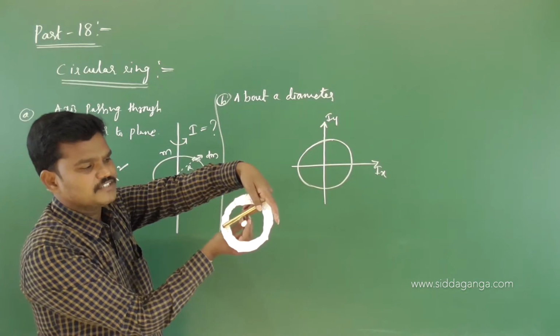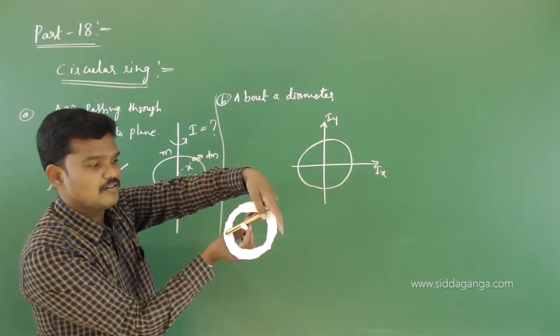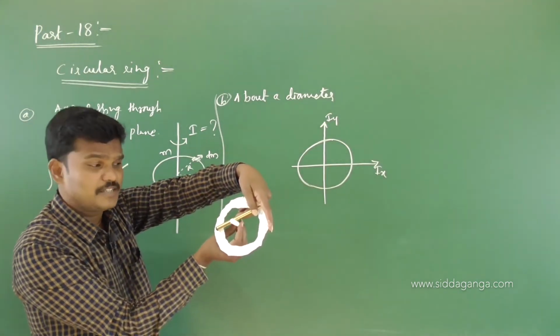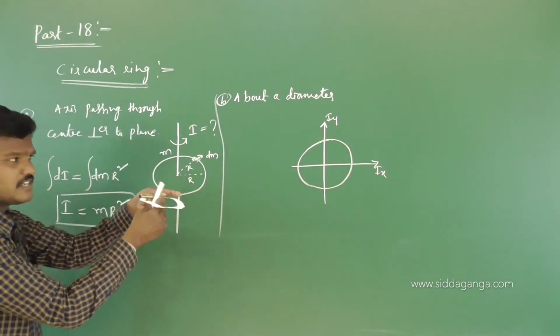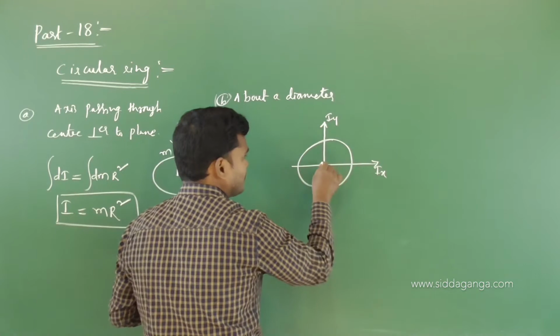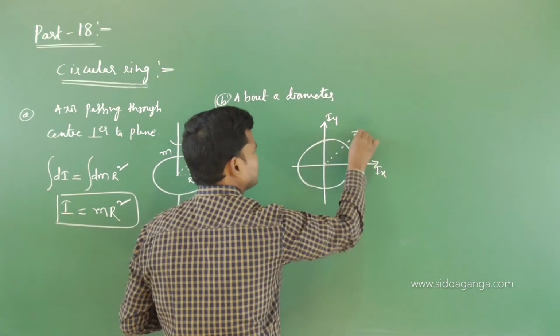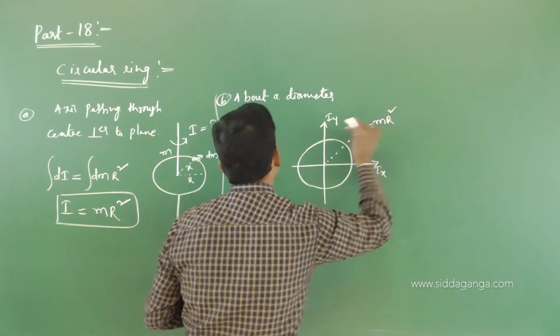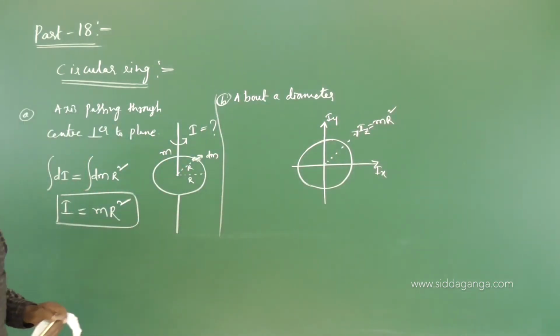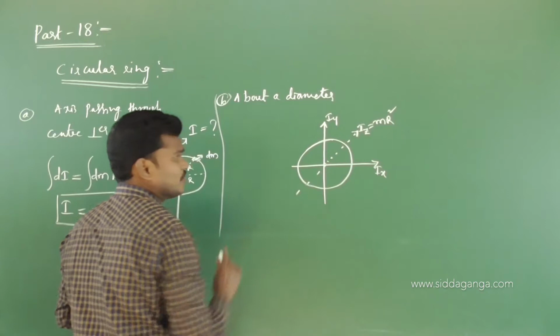Imagine one more axis like this, Iz. What is Iz? Iz is very clear, mr square.